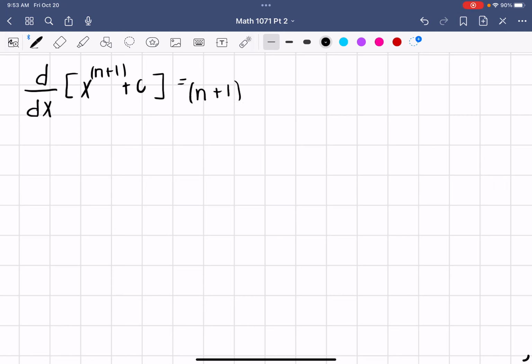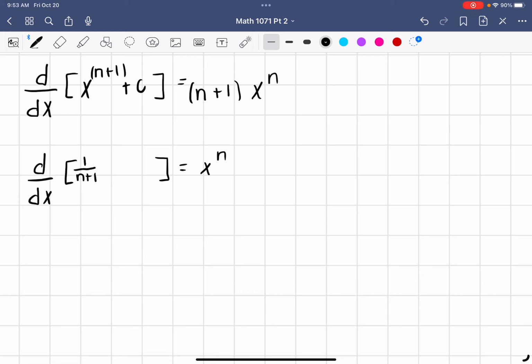And so, now I'll ask this. I want you to come up with the pre-derivative of x to the n. In other words, what do I take the derivative of in order to come up with x to the n? Well, it doesn't have to be x to the n plus 1, 1 over n plus 1. Did that make sense? That's what I was doing up here.